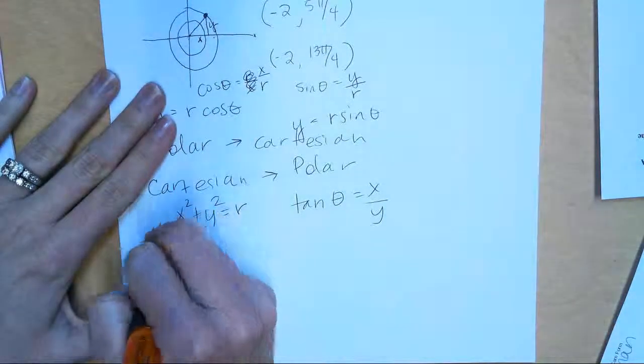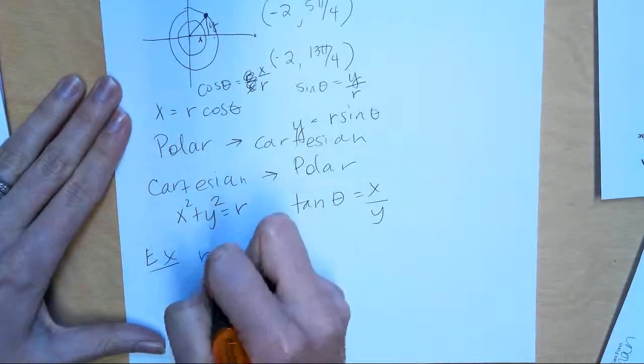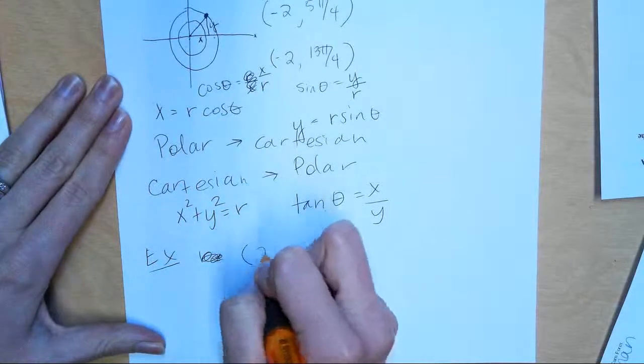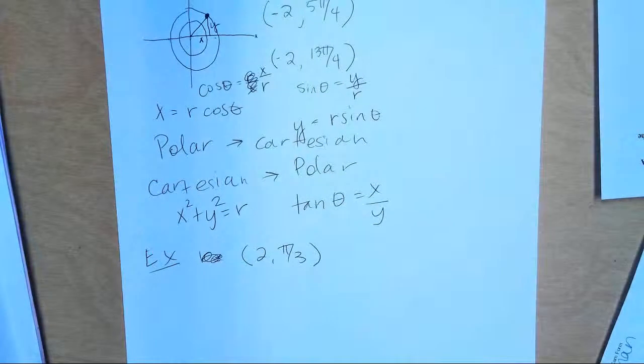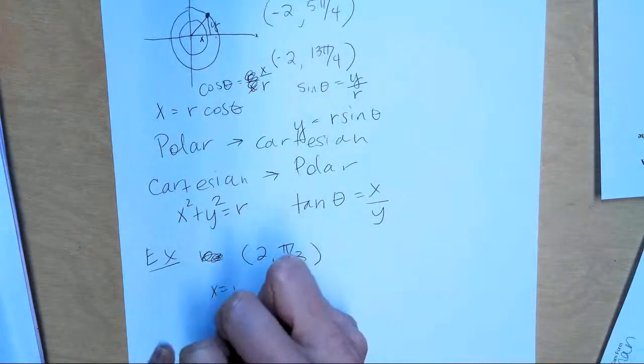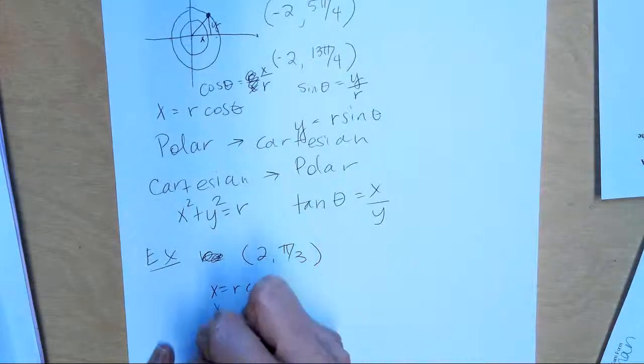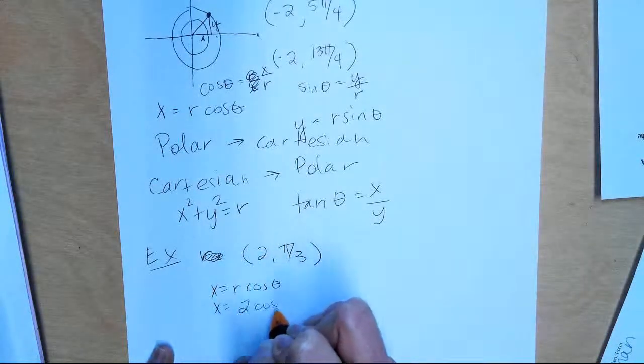So let's just take a point, 2, pi over 3, and this is in polar, obviously. Maybe it's not obvious. It's in polar. We want to put it in Cartesian. So we have that x equals r cosine theta, or x equals 2 times cosine pi over 3. What's that?